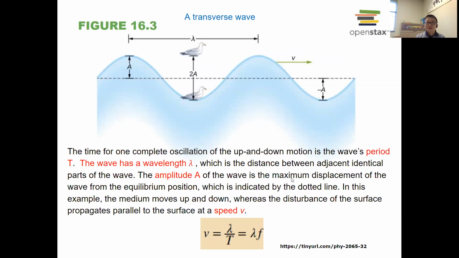For a wave, there's propagation, which means the wave travels. So the speed of the wave is one of the quantities that will be of particular interest. Also, because it's a wave, it repeats itself periodically. The vibration of the medium repeats itself, going back and forth.